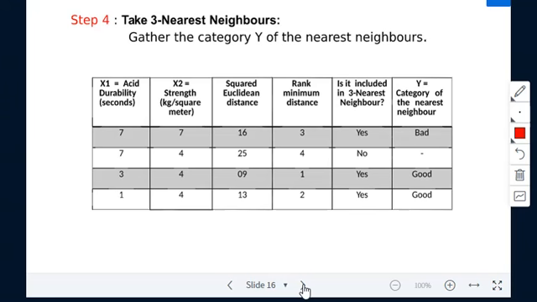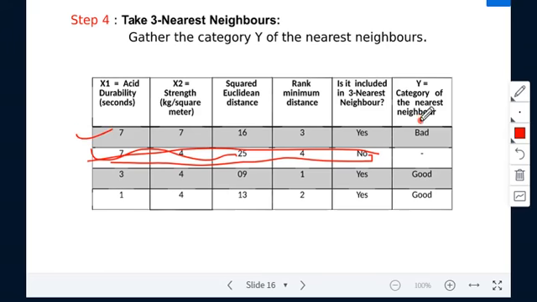Next, what we have to do? This instance will not be considered because it is no. It is not a nearest neighbor, so we ignore it. Next, what is the class label of these? The first instance, the class label is bad.